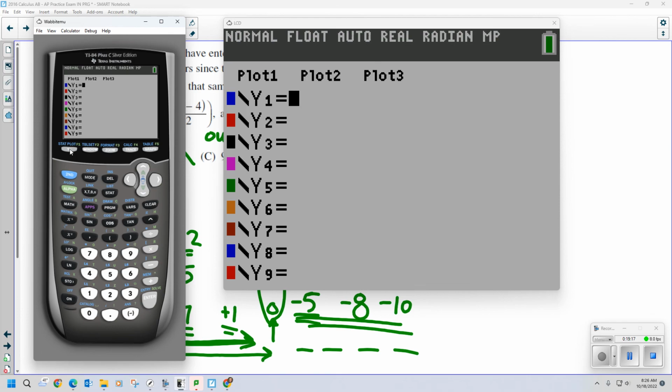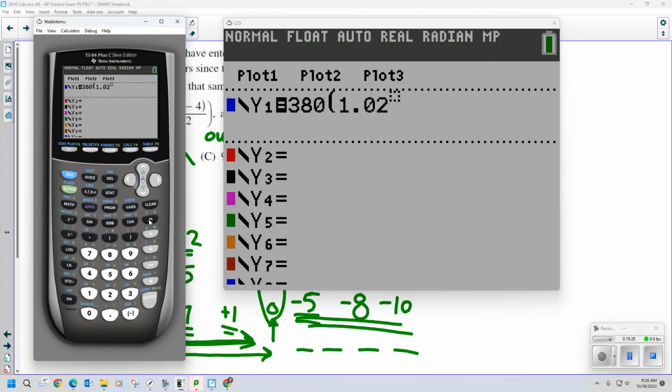we start losing people. So let me graph f of t, which is 380 times 1.02 raised to the x.